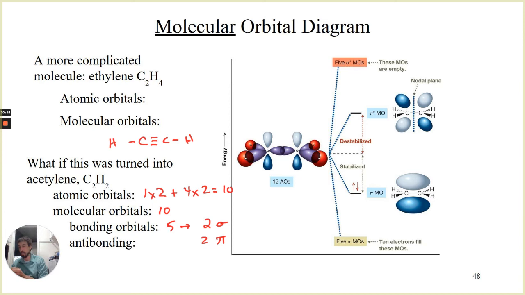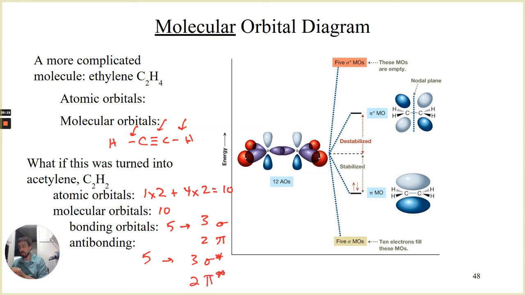Dang, what did I miscount? Well, I'm just going to have to leave it at that. Oh, there's 3 sigma, dude. For those of you wondering, 1 sigma, 2 sigma, 3 sigma, there's my miss. And then for the 5 anti-bonding, I would get 3 anti-bonding sigma and 2 anti-bonding pi.